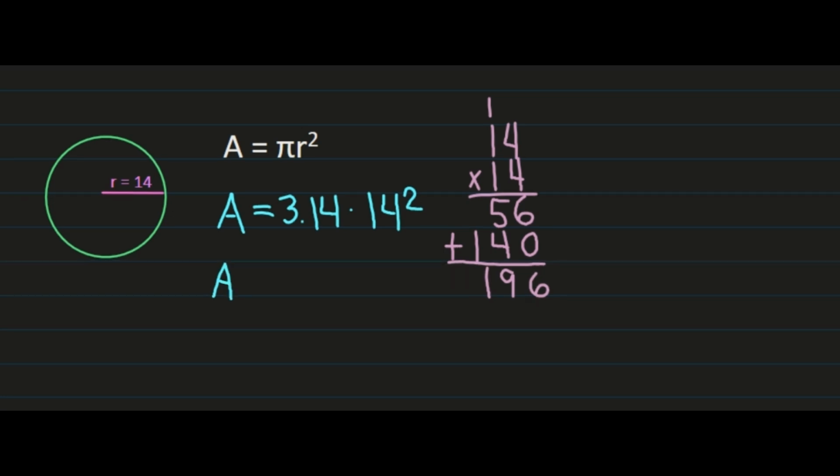So now I have area equals 3.14 times 196. And I suggest writing all of your steps out so you can see clearly what numbers you're working with. So we have 3.14 times 196 for our next step.